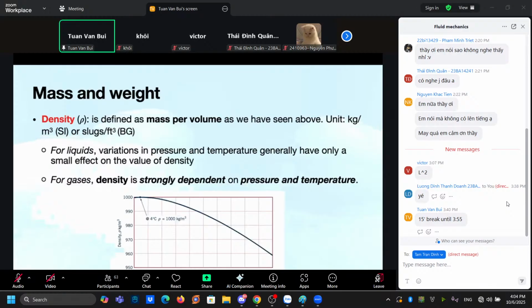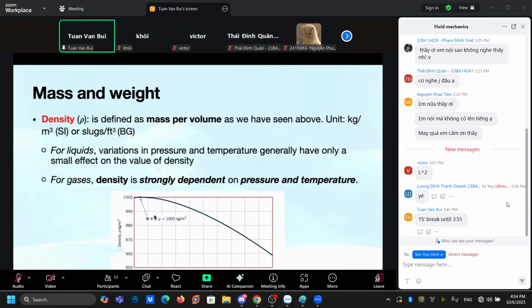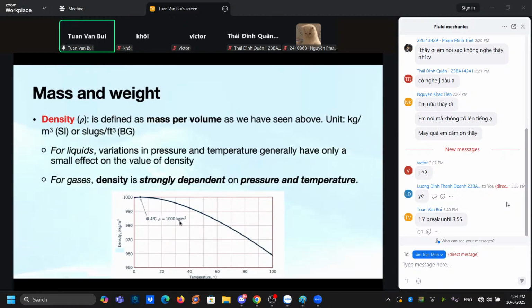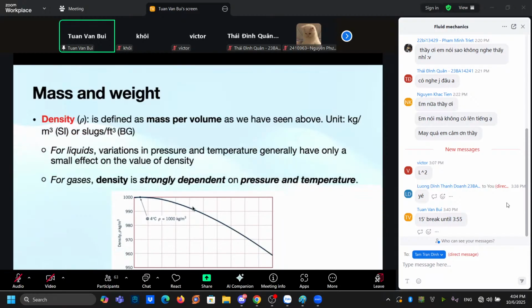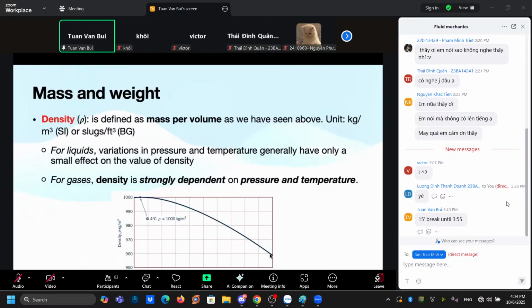Here is a chart or figure showing the density of water varying with temperature. At 4 degrees Celsius, the density of water is about 1000 kilograms per cubic meter. And then when we increase the temperature, the density of water will decrease.